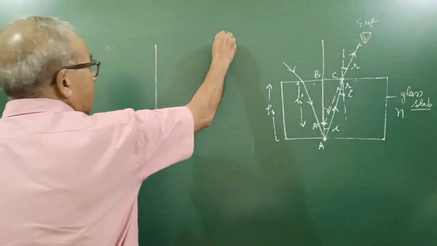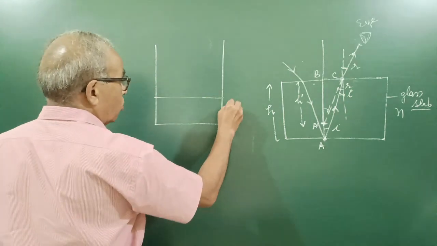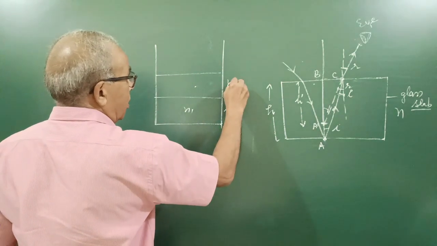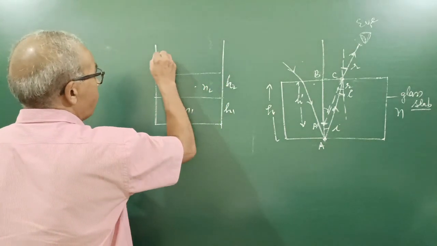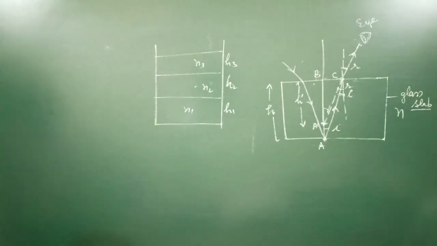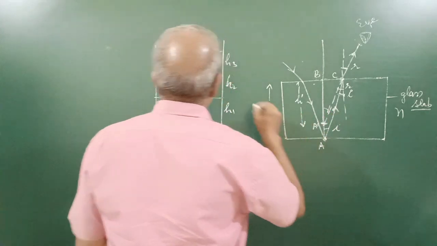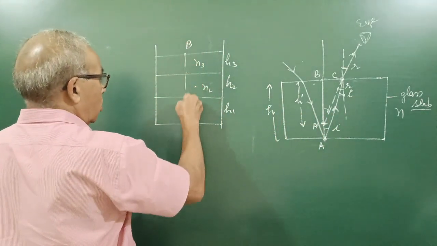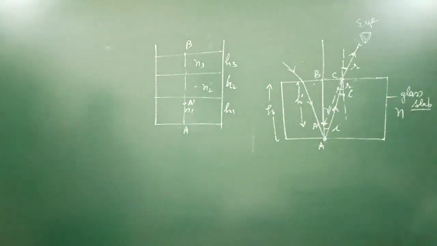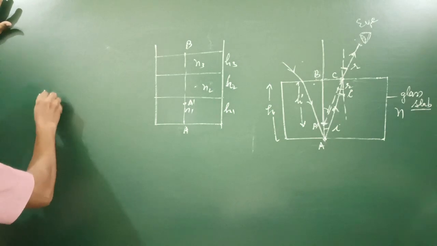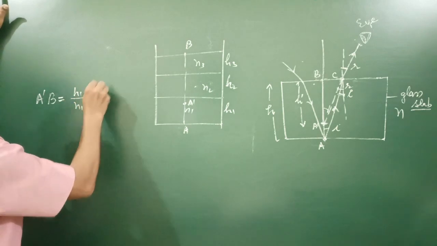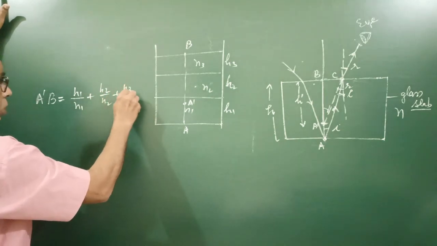Suppose here we have a container with different liquids, height H1, index N1, height H2, index N2, and this is H3, index N3. So as point B was here, now this A dash will come somewhere here. So what is the apparent depth, that is, what is A dash B? That will simply be H1 upon N1 plus H2 upon N2 plus H3 upon N3.